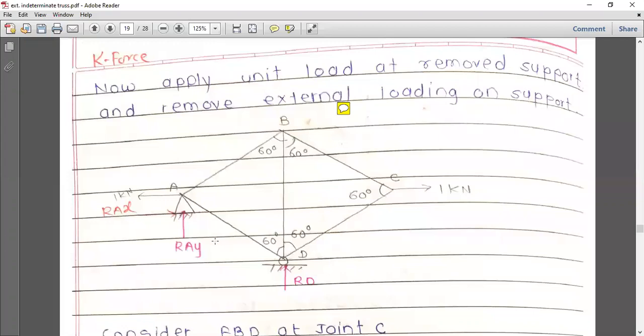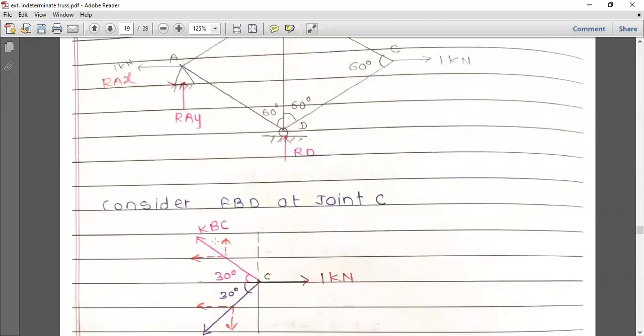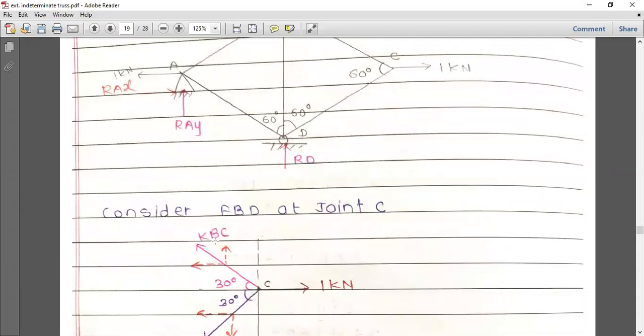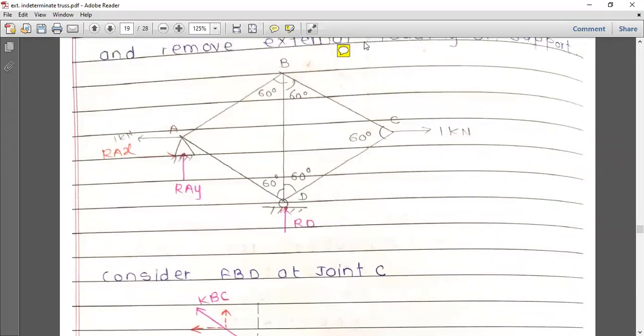Again now we'll go for analysis of this truss, meaning we'll find the forces in members of the truss. First of all, you have to find the reactive components, that is RAX, RAY and RD. If you observe the given problem in this diagram, there is no application of vertical force.